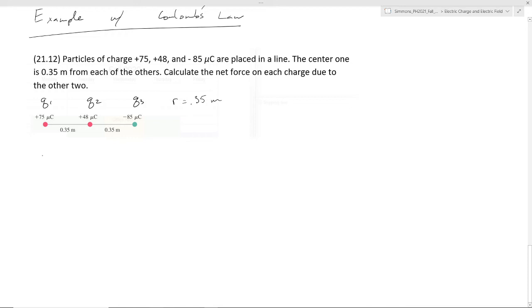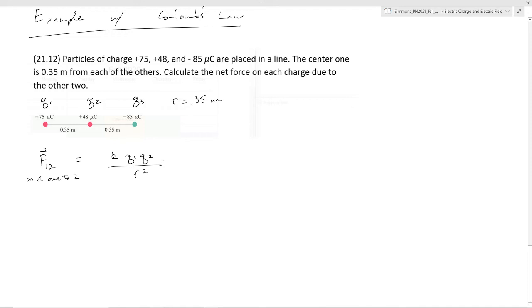And so for our first objective here, let's just find the force on 1 due to 2. So I'll just put down here on 1 due to 2. And that's going to be K Q1 Q2 over R squared.